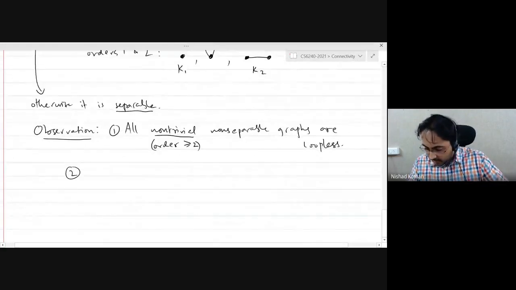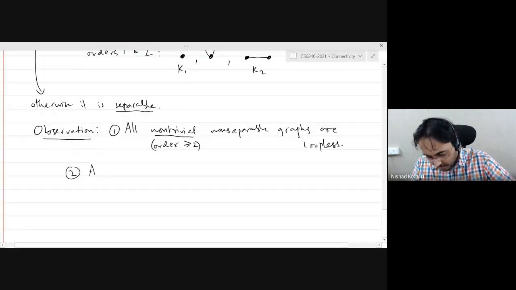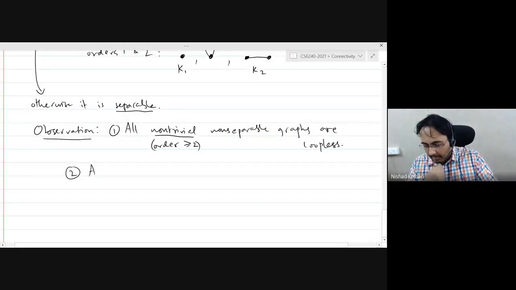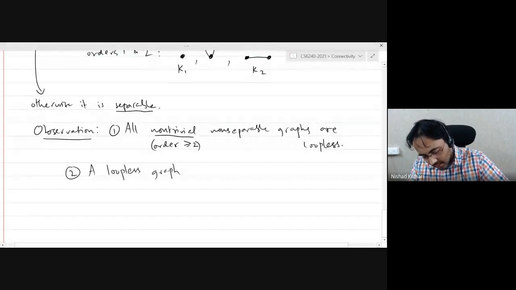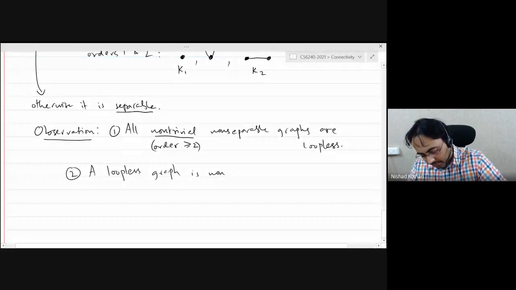Another observation I want to point out is that in a loopless graph, being non-separable is the same as saying that the underlying simple graph is non-separable. In other words, multiple edges or parallel edges don't play any role in non-separability.